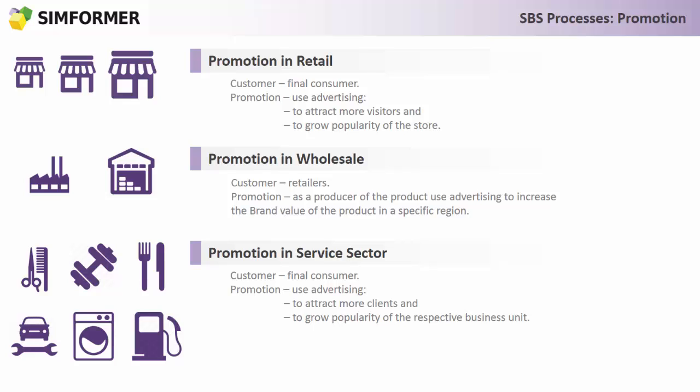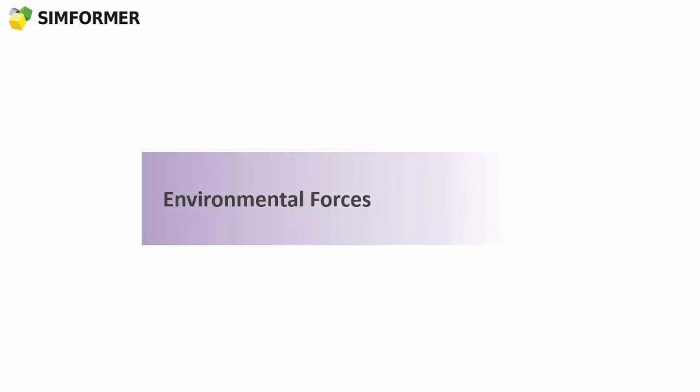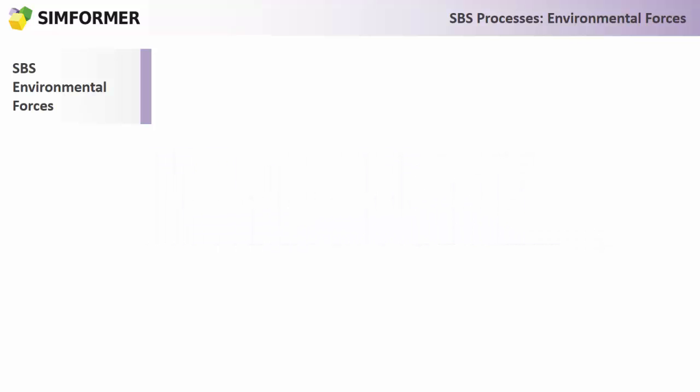Now, as we have finished covering all the main P's we have available in Simformer Business Simulation, we can move on to the environmental forces within Simformer Business Simulation. Now, all the P's you have seen are the ones that can be managed by you. So these variables are manageable ones.